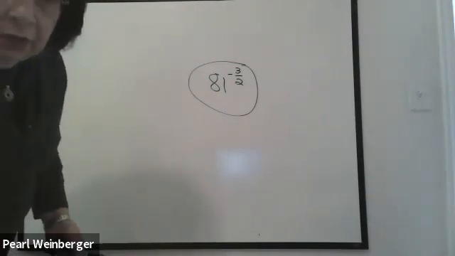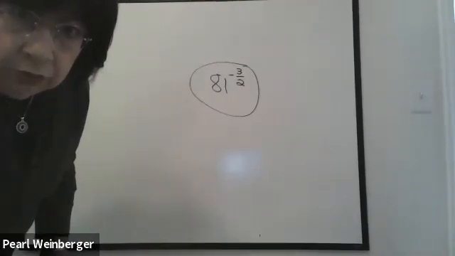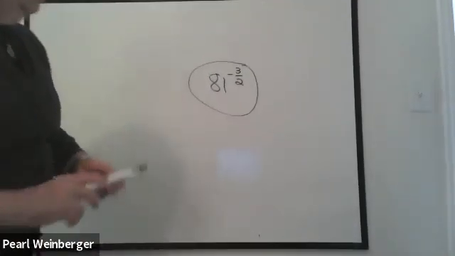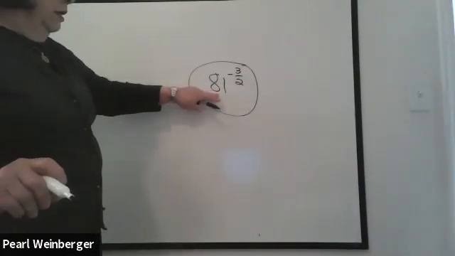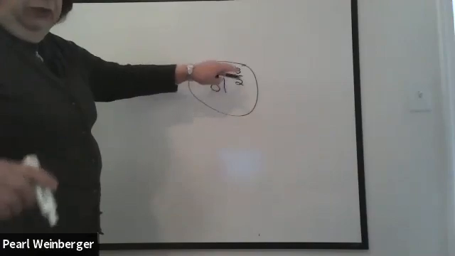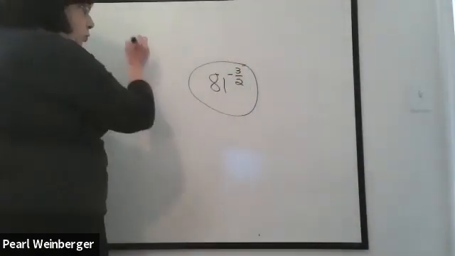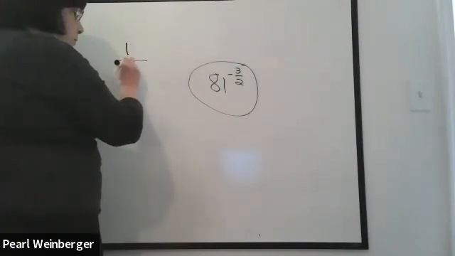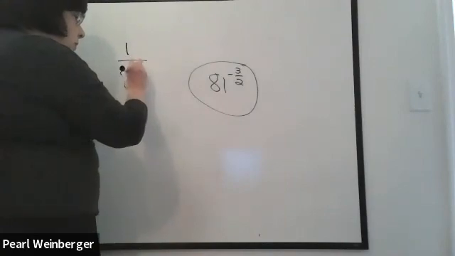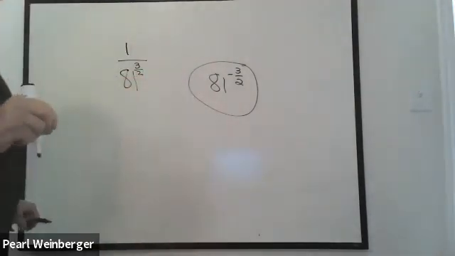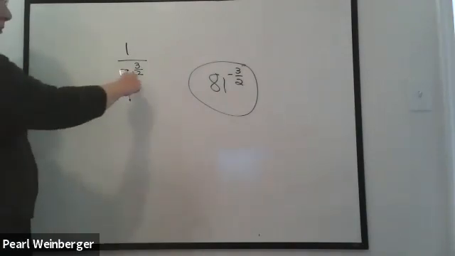Number one, it's telling me that I'm doing a negative exponent. The negative exponent tells me I have to put 1 over my number and make the exponent positive. I have to take the reciprocal. So this really means 1 over 81 to the +3/2.